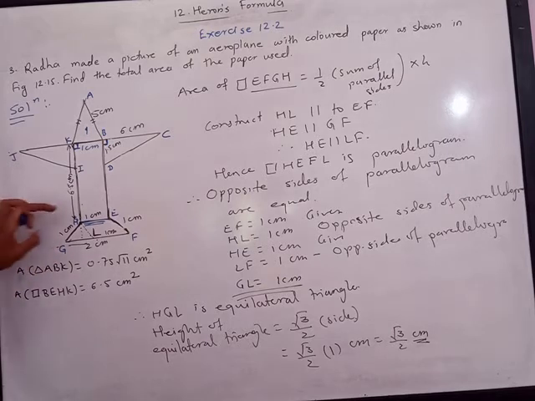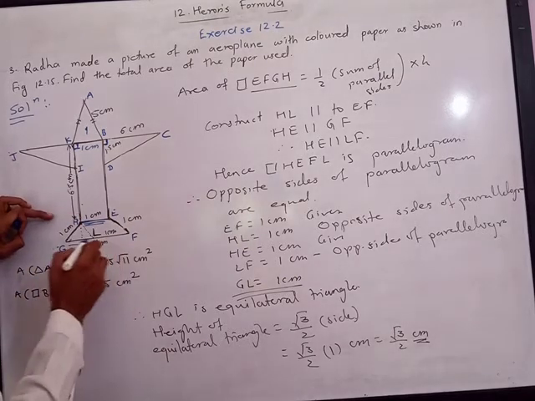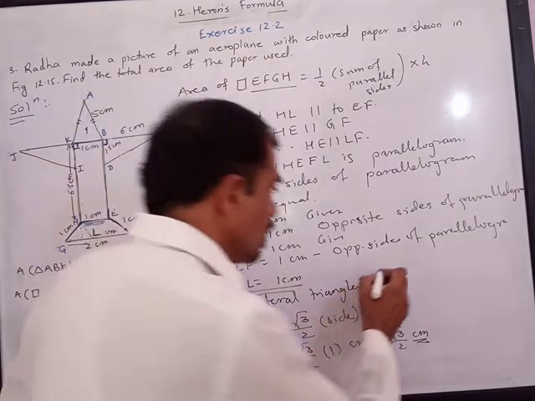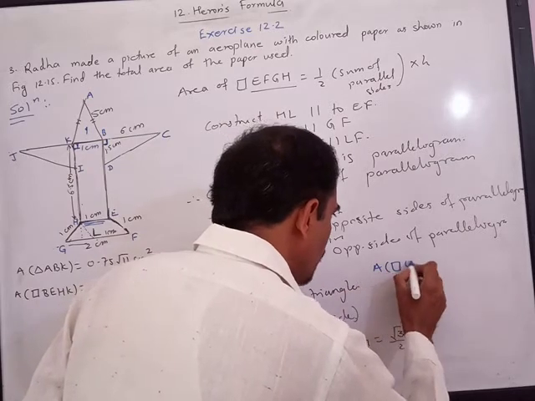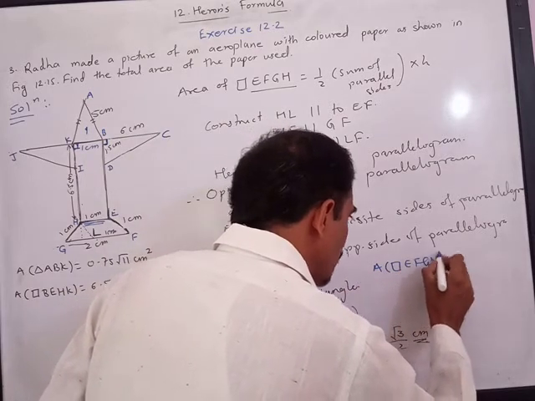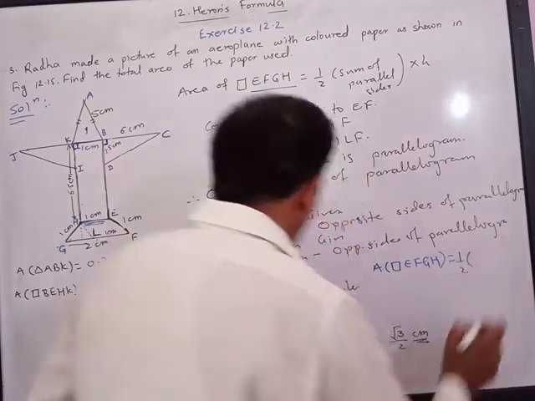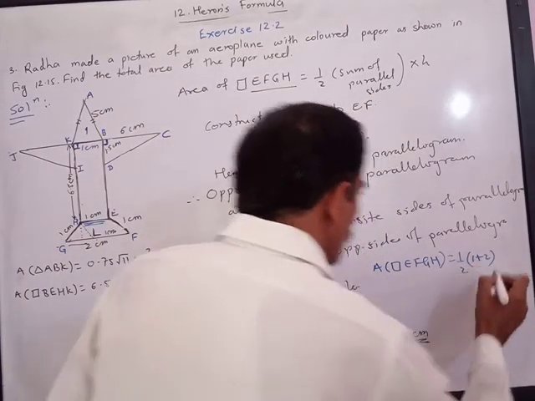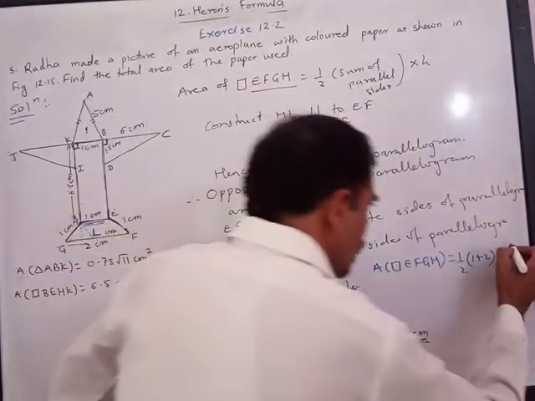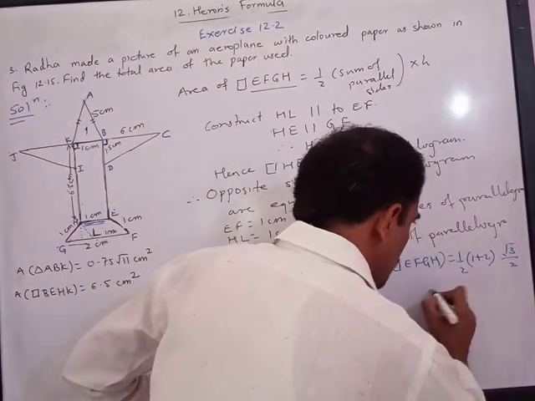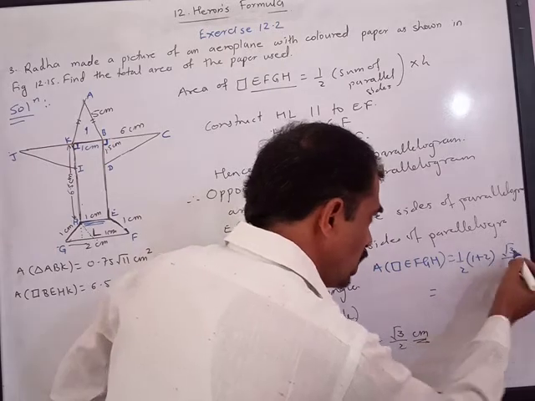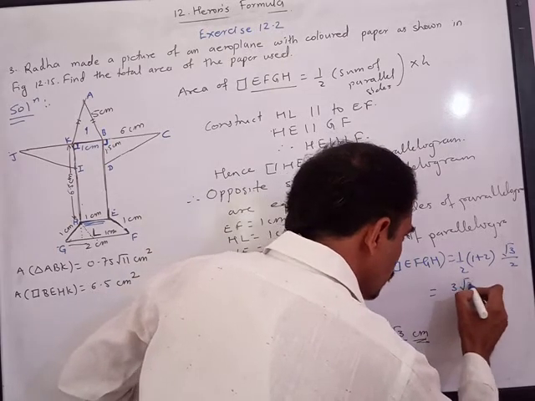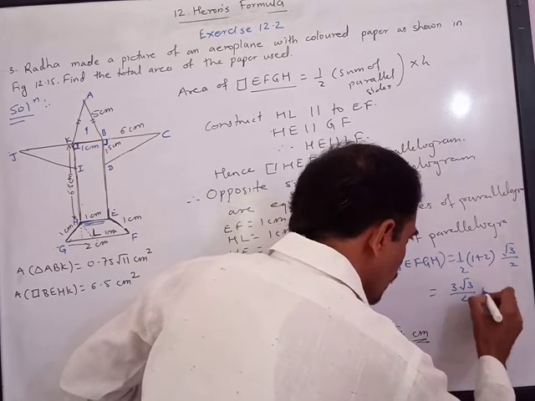Therefore, the area of quadrilateral EFGH is equal to half into the sum of parallel sides, that is 1 plus 2, multiplied by height, root 3 upon 2. So this is equal to 1 plus 2 is 3, root 3 upon 2, 2 twos are 4 centimeters square.